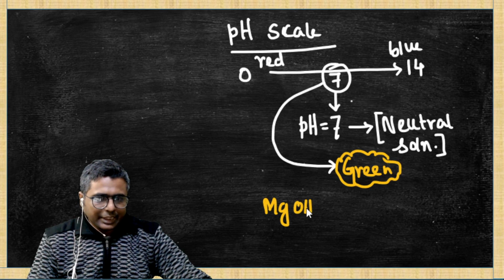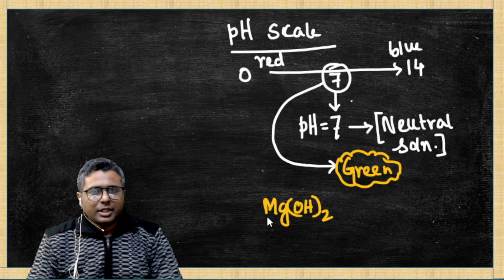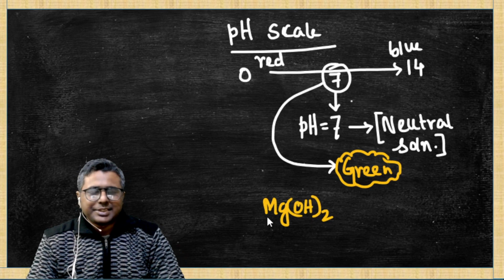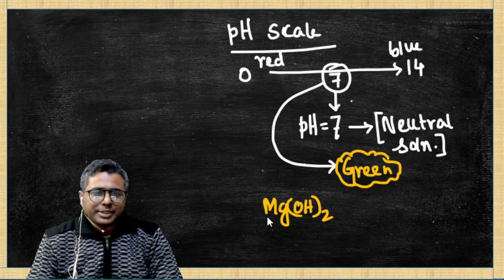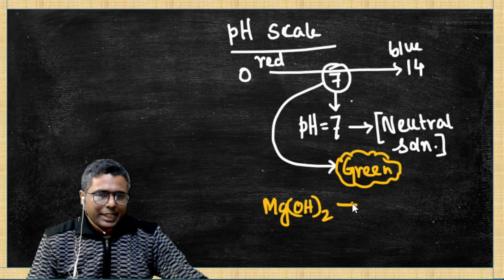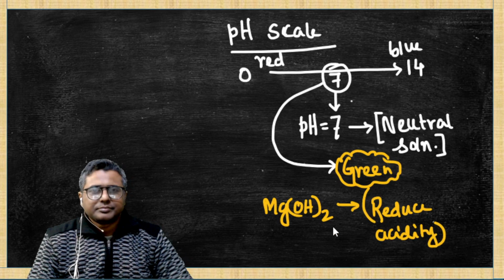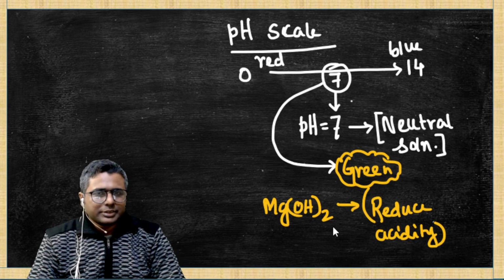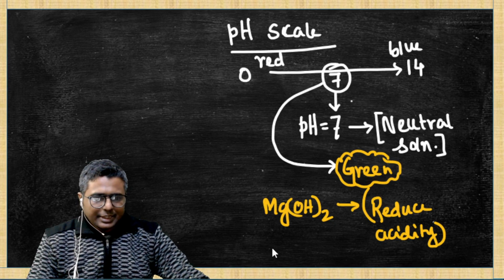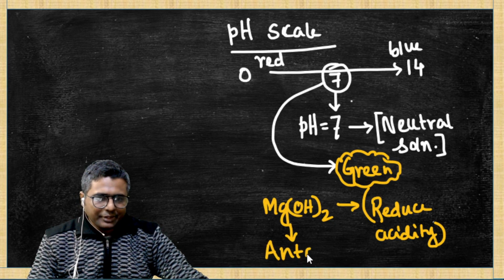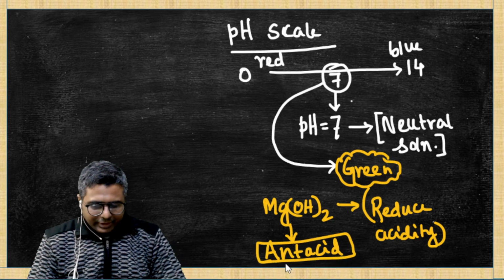The Gelusil we have is nothing but magnesia, that is Mg(OH)2. Magnesium hydroxide helps to reduce acidity and is used as an antacid. You can write down antacid, important, can come in examination.